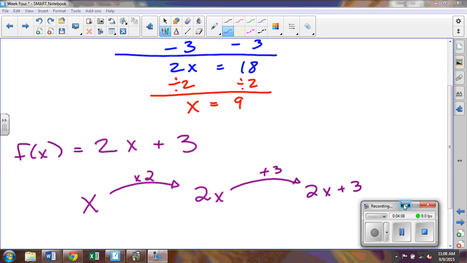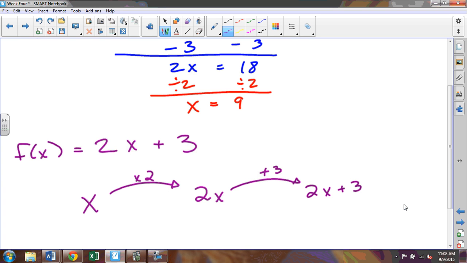You notice that basically what we're doing right now is we're just building the function in stages, looking at the order of operations to see what's happening with it. Inverse-reverse is about working backwards to solve.